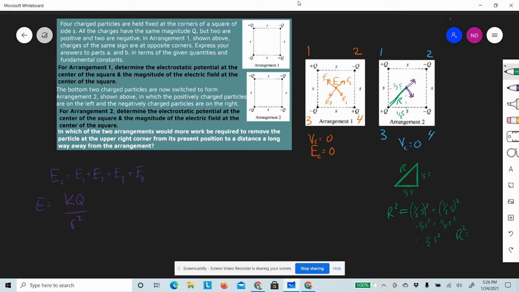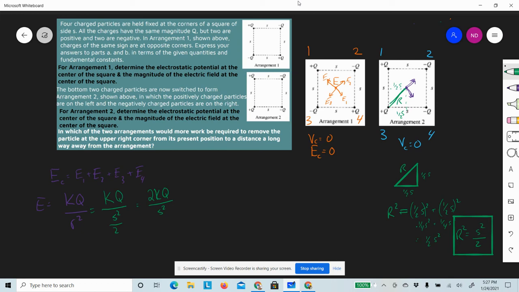R squared equals S squared over 2, or S squared times a half. That is going to be over here. So KQ over S squared divided by 2, or we could say this is 2KQ over S squared. That is going to be the magnitude of each electric field.